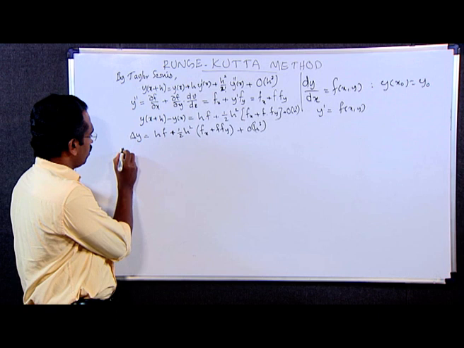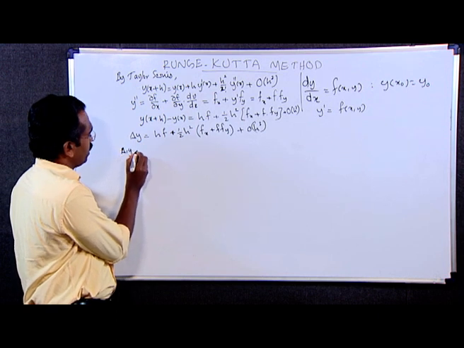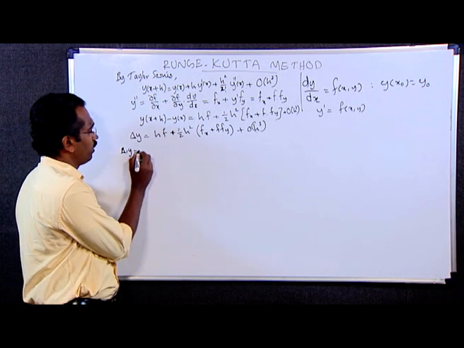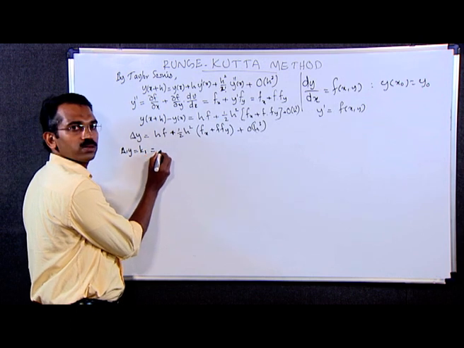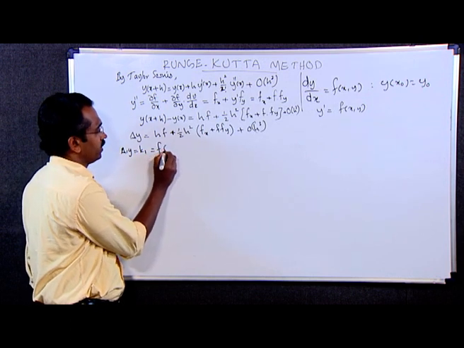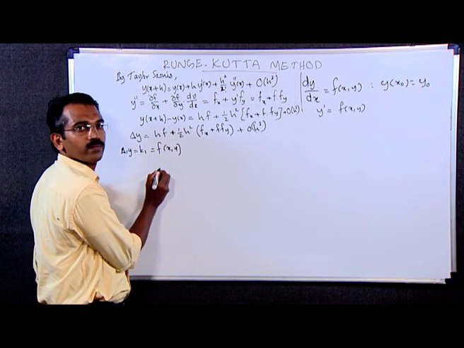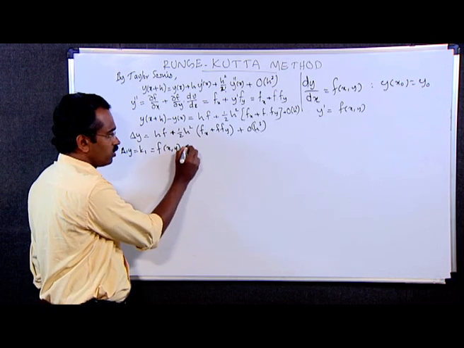Now, we use these notations: delta 1 y, which is equal to k1, that is f of x y into delta x.